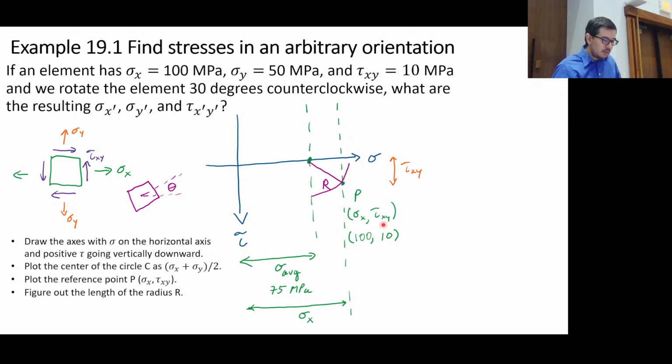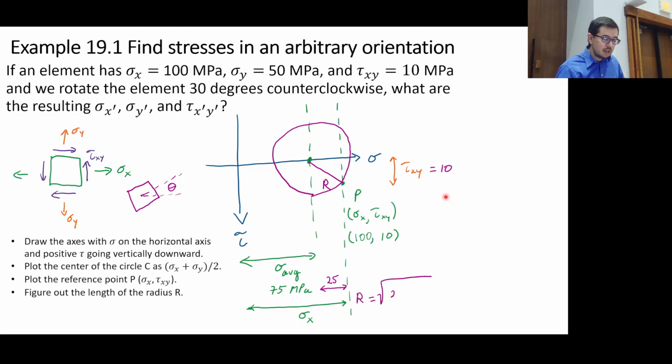Okay. So we can figure out what the radius is by looking at this: this is 25 here, because I have 100 minus the sigma average. That would give me this component here, that's the 25. And I have this component here, that's vertical, that's just tau xy, so that's simple.